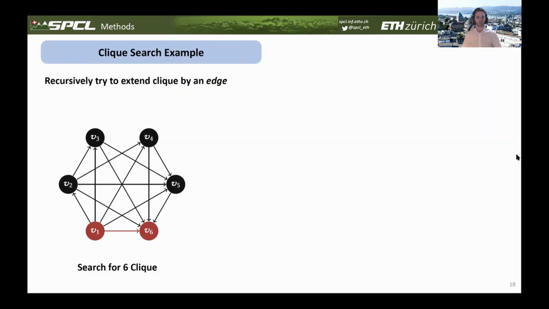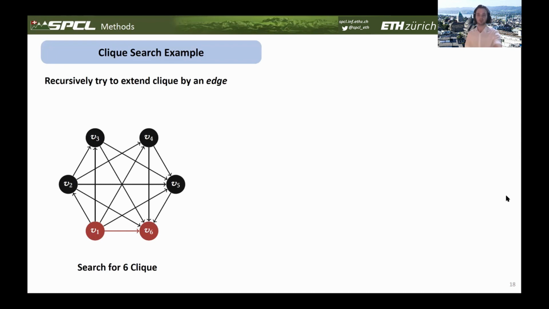Let's consider an example of how we can recursively extend a clique by adding edges one after the other. We start out with a single edge, here connecting V1 and V6, and then we recurse on the subgraph induced by the vertices which are both out neighbors of V1 and in neighbors of V6.